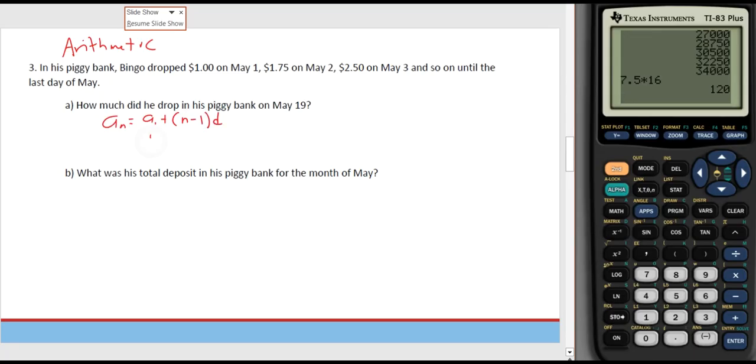So our first term is $1, and for the 19th term we go 19 minus 1, which is 18, and each day he is putting 75 cents more than he deposited the previous day. So our common difference is 75 cents. We go to the calculator to get that total for the day. So he would have put $14.50 into his piggy bank on May 19th.